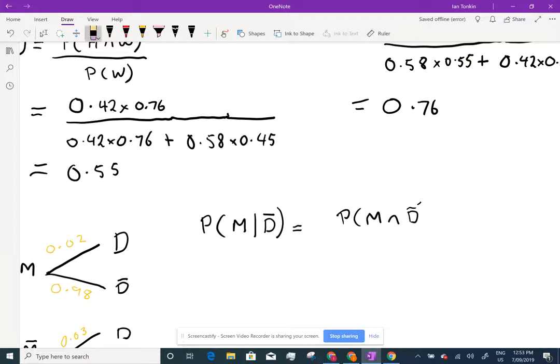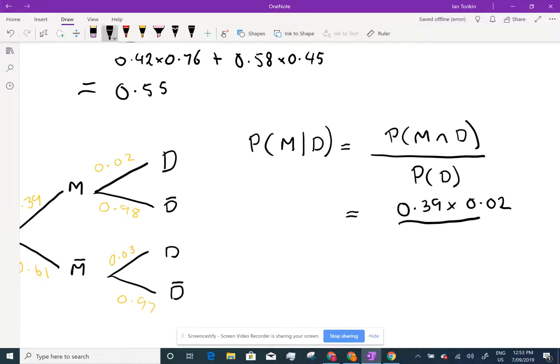Whoops, I put defective. I don't need that. Over the probability that the battery is defective. Well, the manager being there and the battery being defective is 0.39 times 0.02.